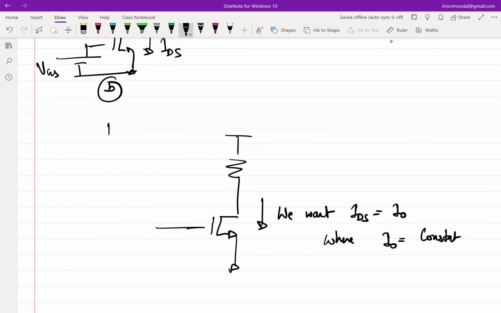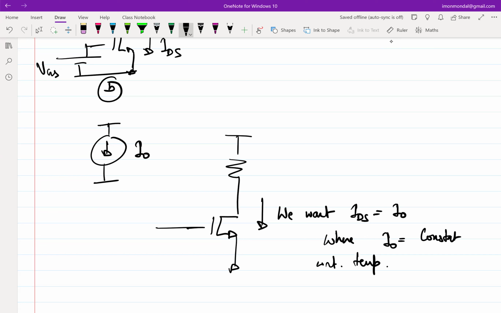So there is some current source somewhere available, which is giving you I naught. I want to ensure the current through this transistor is exactly equal to I naught. So this is I naught equal to constant with respect to any change in temperature or any change in ambient condition, which means I need a constant current source by definition.